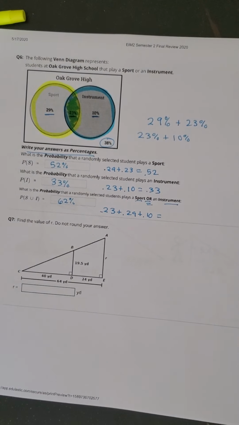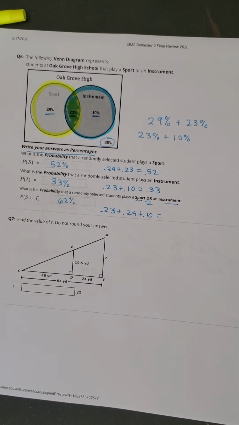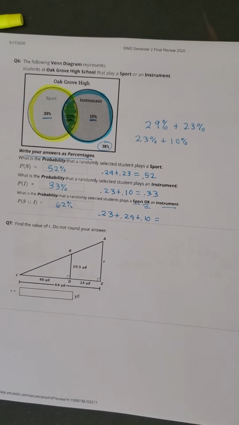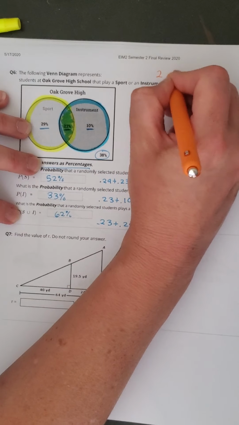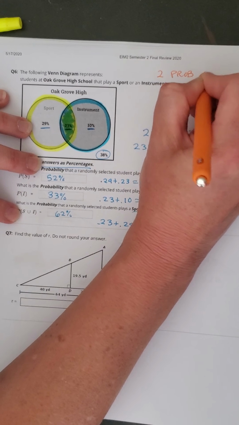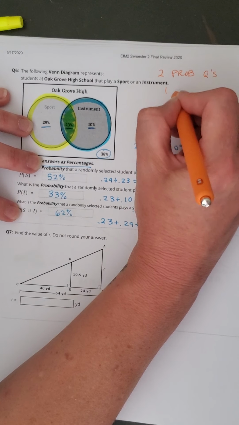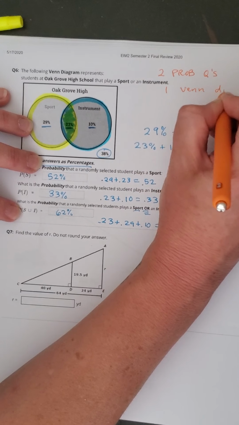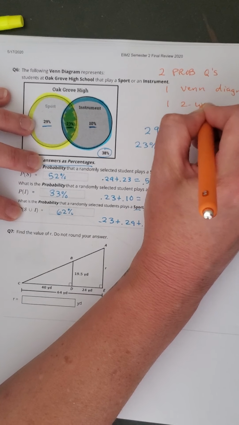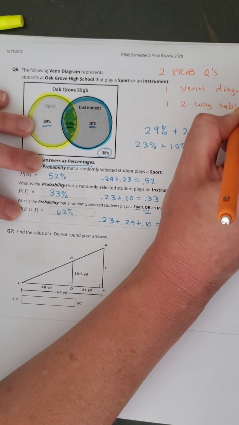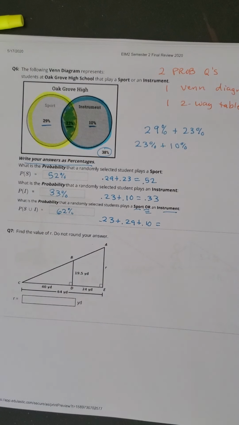All right, that is all on probability. I did give extra probability problems. There are only 2 probability questions on the test: one with a Venn diagram, and one with a two-way table. I gave you several of each, I believe 3 of each kind.